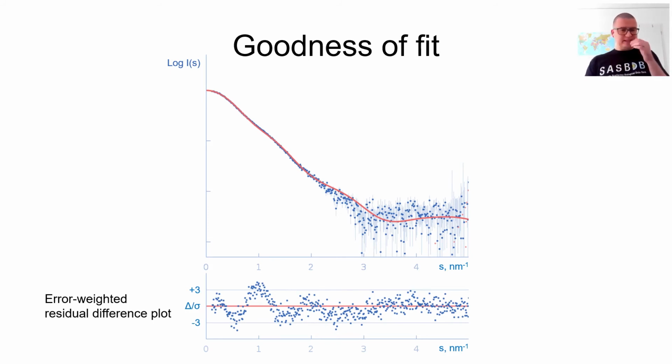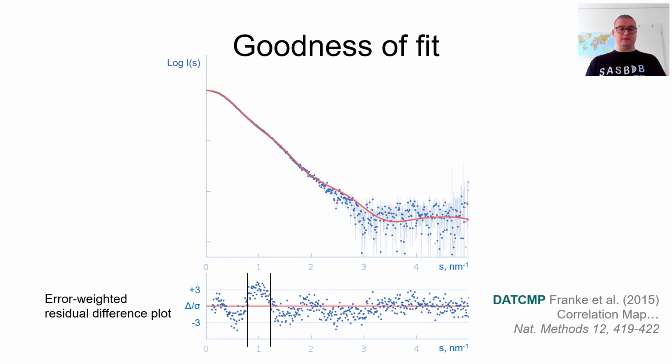And there is another test that you can apply to see if there are systematic differences between the data computed from the model and experimental data. This test is called the correlation map. Simply speaking, it will find the longest consecutive sequence of positive or negative differences, here shown around 1 inverse nanometer.